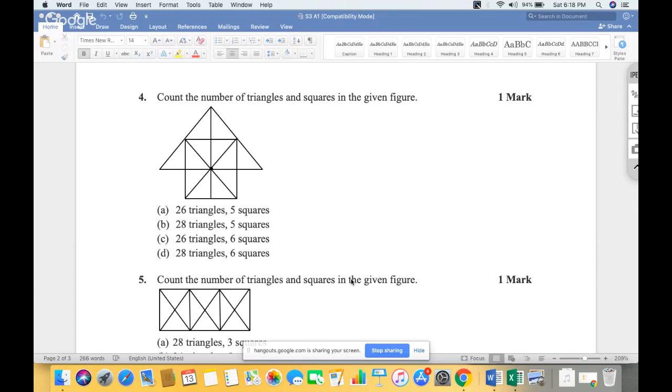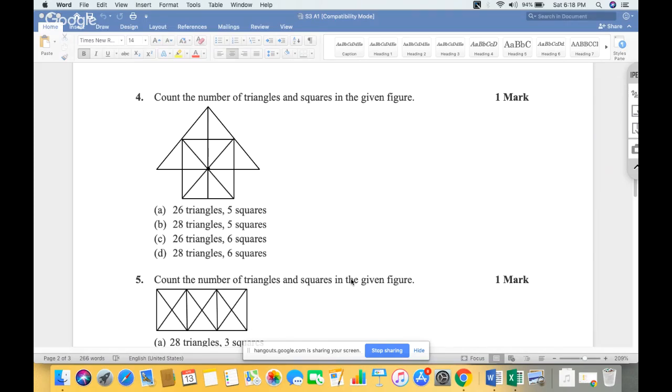So to solve this question, I will start marking. I'm solving question number 4.